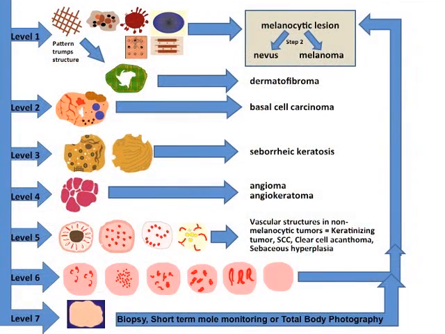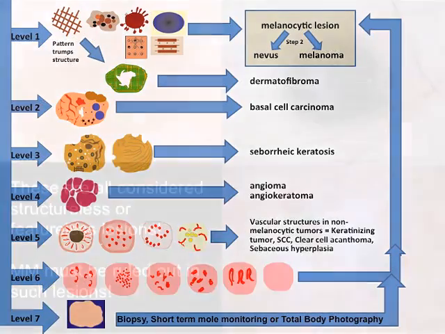Okay, so now we move forward. If you don't have any vascular structures that define the lesion as melanocytic, now all other lesions by default are melanocytic. And the reason for that is that you don't want to miss a melanoma. So if you can't diagnose anything up here, right, you're left with a lesion without any features to help you make a diagnosis, then you have to always keep melanoma in your mind.